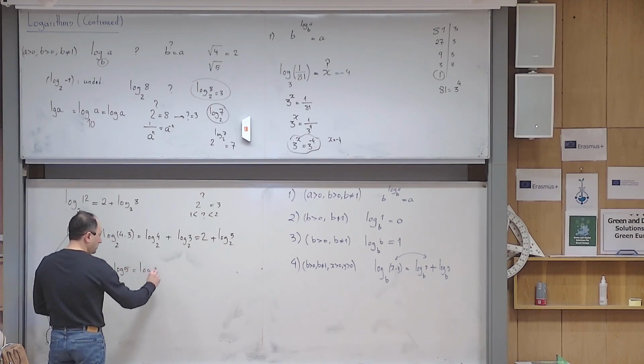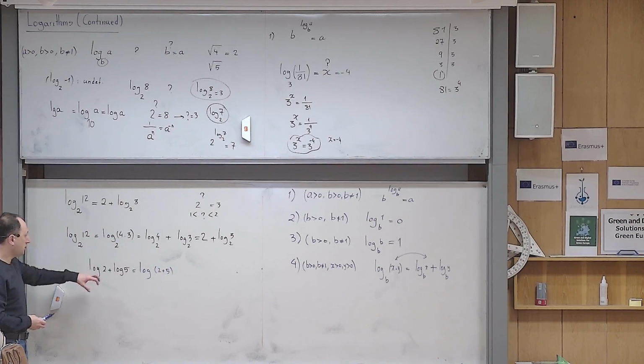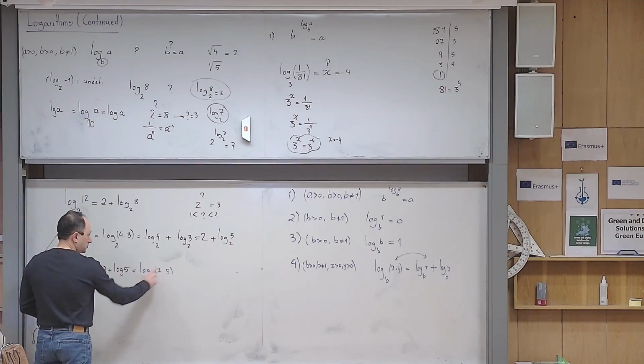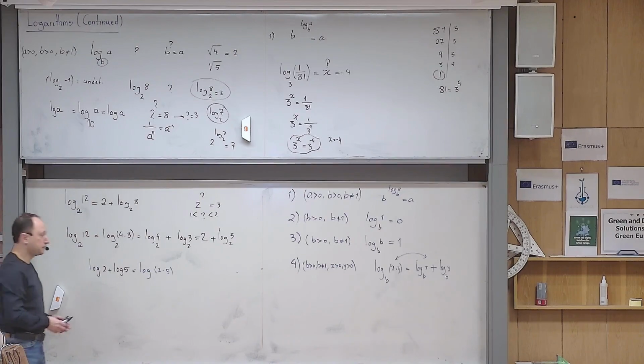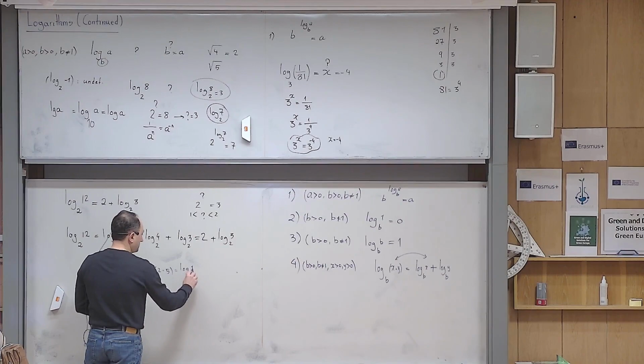A common mistake is that people write this. They somehow think that they are factoring something out. This is not factorization, so that's wrong. The correct one is to write multiplication. 2 times 5 is 10, and this becomes logarithm of 10.